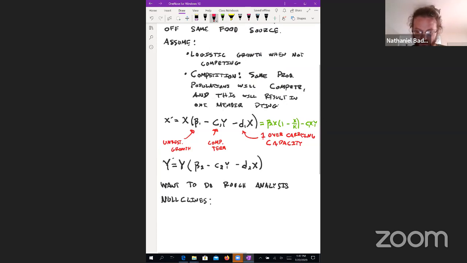So we're going to have our x prime equals 0 null clines. And what are they going to be? Well, we're going to get 2. What are the formulas going to be for them?